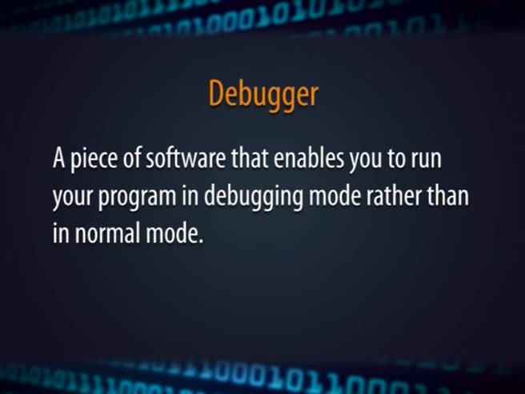A debugger is defined as a piece of software that enables you to run your program in debugging mode rather than in normal mode. Running a program in debugging mode allows you to execute the program in a step-by-step mode, line after line of the source program, in sequence, unless the sequence is changed by a statement causing a change in the flow of control.